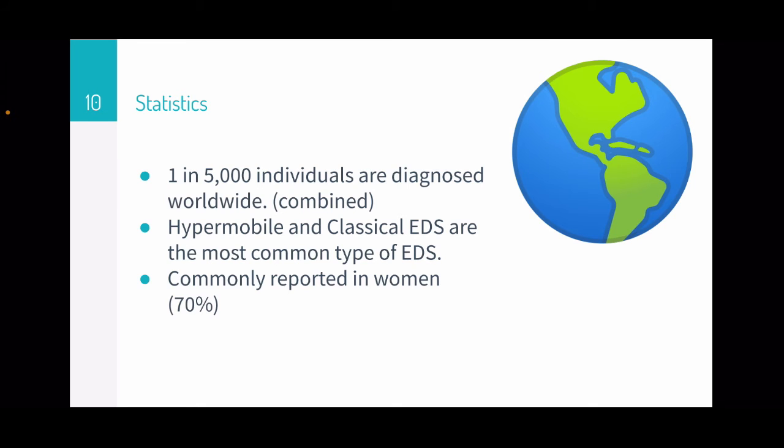As I mentioned, there are 13 types, but only 2 main ones are the most common: hypermobile and classical EDS. I also noticed that it is most commonly reported in women, so it's mostly diagnosed for them. There are some articles I read that don't really consider it a rare disease, just rarely diagnosed. That was also something to consider when reading into these statistics, and they might not be completely accurate.